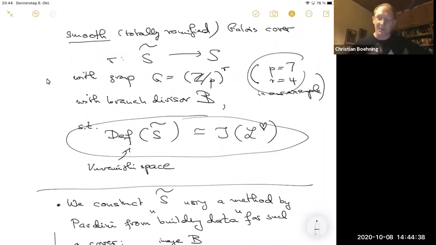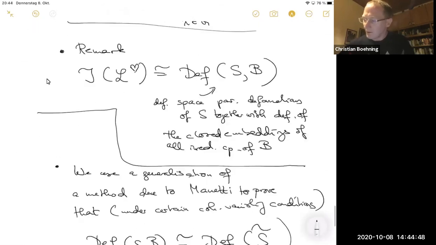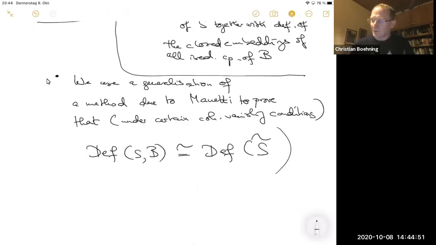And to have this isomorphism, we require even more restrictions on the building data. So we have to choose the building data so that, moreover, we can satisfy certain cohomological vanishing conditions and other conditions that are generalizations of some conditions due to Manetti that I won't write down. I can write down if you force me to, but it's a long list.